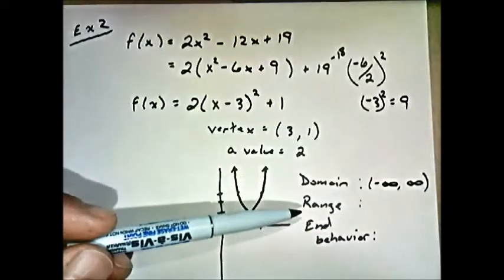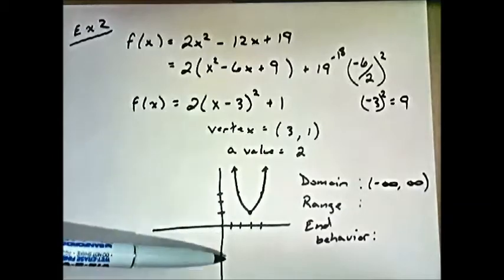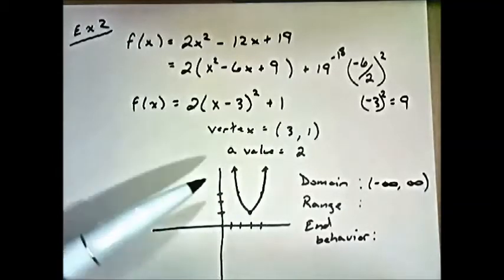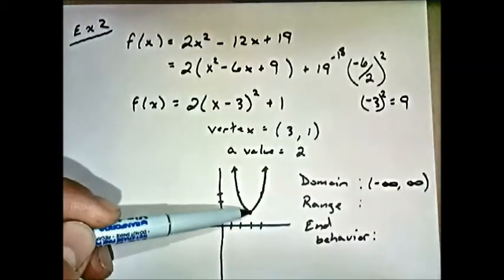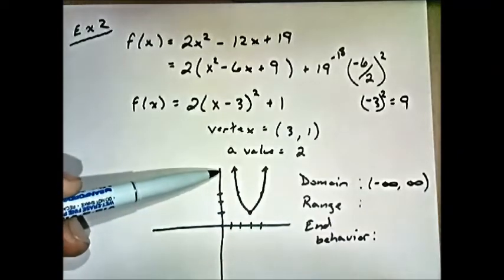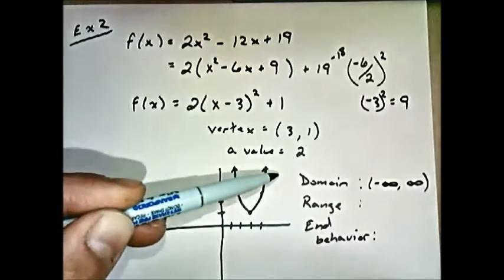My range, however, if we start down here at negative infinity, my graph does not come down this far. It doesn't start until we hit the point of 1. From 1, we can always go on the y-axis and go over and touch this graph.